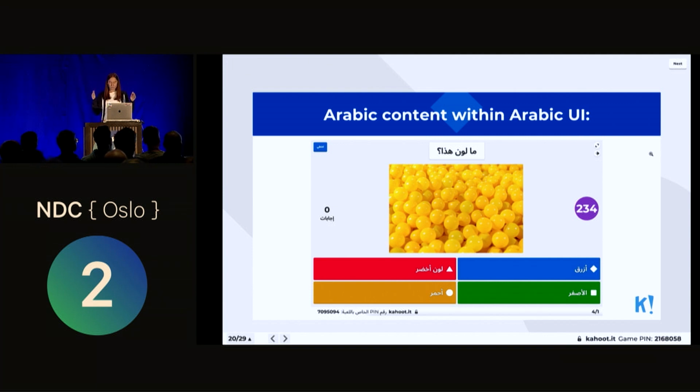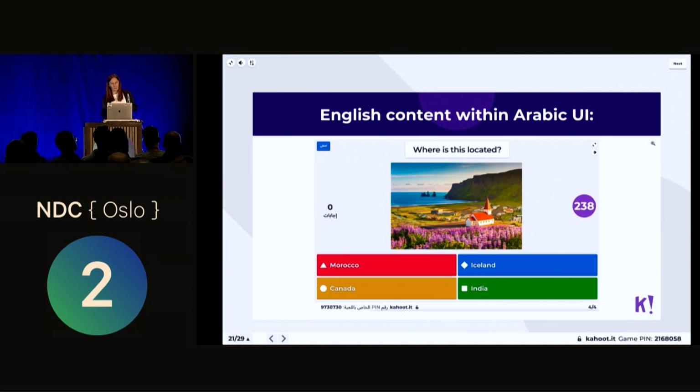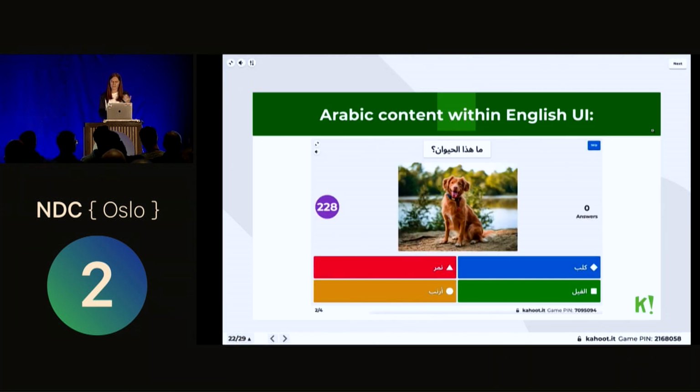If our UI, the buttons and everything are aligned to right to left rules, and the content within this UI is in Arabic, everything works nicely. But what if I'm an Arabic speaker user and I want to play a quiz which is in English? In this case, all the buttons and everything should be placed according to Arabic rules, but all the questions and answers should be placed according to English rules. And this is our mixing of UI and content. Same works for English UI and Arabic quiz.